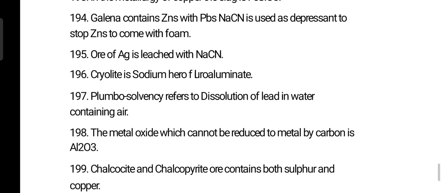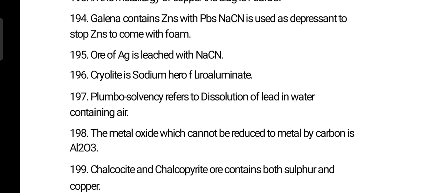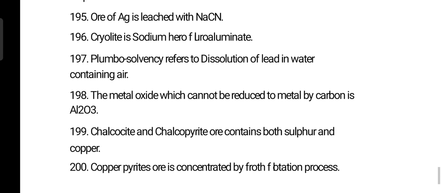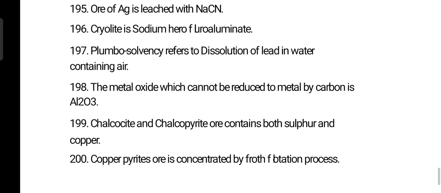Galena contains ZnS as impurity. NaCN is used as a depressant to stop ZnS from coming with PbS. Ore of Ag is leached with NaCN.